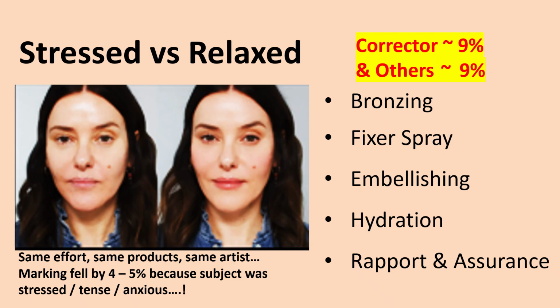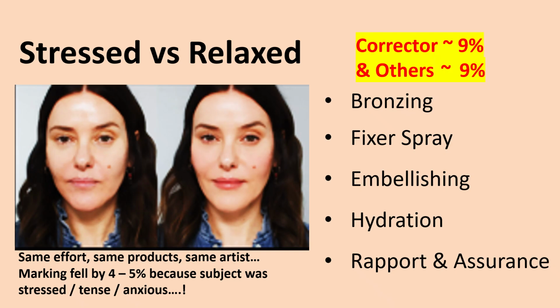So you have to remove the tension, you have to remove the anxiety, you have to remove the stress, you have to see that the client trusts you, establish the friendly rapport so that the client is assured, the client is relaxed. Only then you can get a perfect makeup result. Otherwise, the difference could be 4 to 5%. What is going to be 90%, you could be getting 85%.